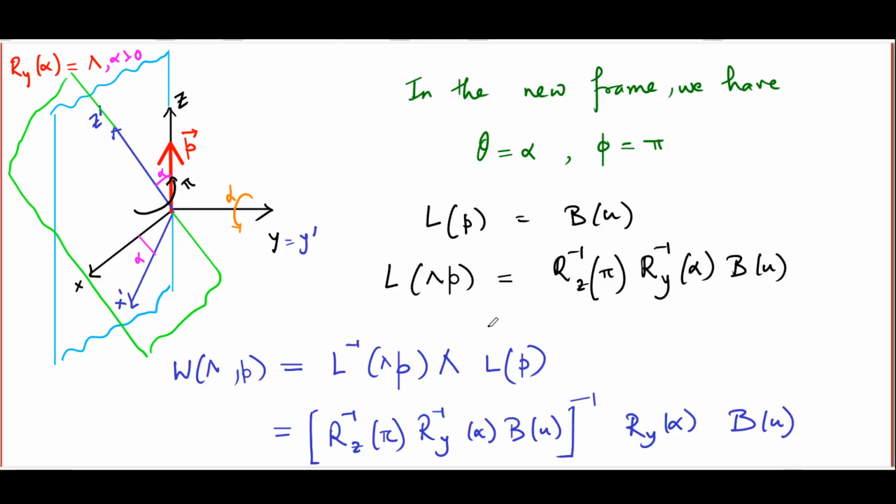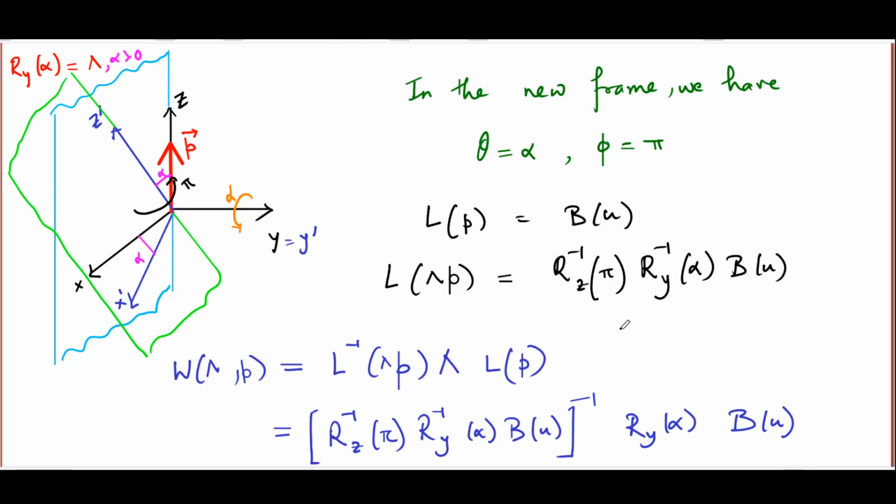So L of lambda p, according to our prescription, is B of u, R inverse y of alpha, and R inverse z of pi. Note that the boost is the same as before because the magnitude of the 3 momentum has not changed because of this rotation. So this B of u is exactly the same as the original B of u.